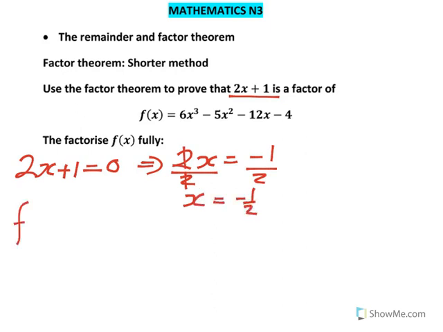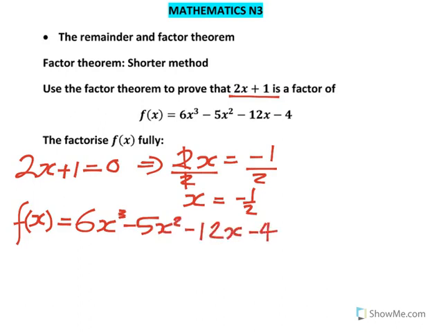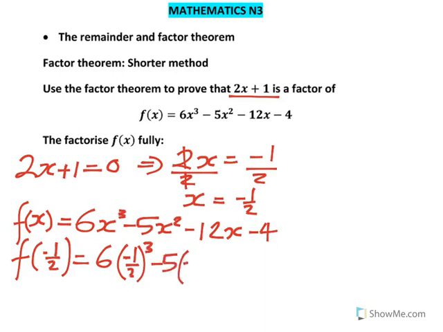Now you are given that f of x is equal to 6x cubed minus 5x squared minus 12x minus 4. So instead of x you are going to have f of minus half is equal to 6 times minus half cubed, minus 5 times minus half squared, minus 12 times minus half, minus 4.